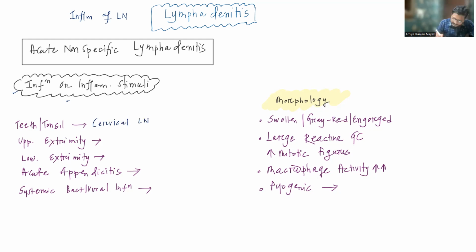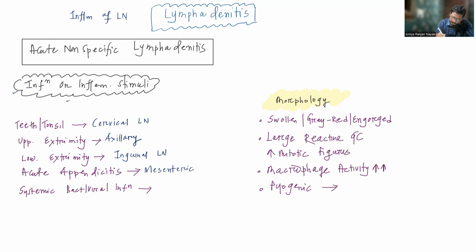Upper extremity infections will affect the axillary lymph nodes. Lower extremity infections are going to affect the inguinal lymph nodes. Acute appendicitis or similar gut infections are going to affect the mesenteric lymph nodes.